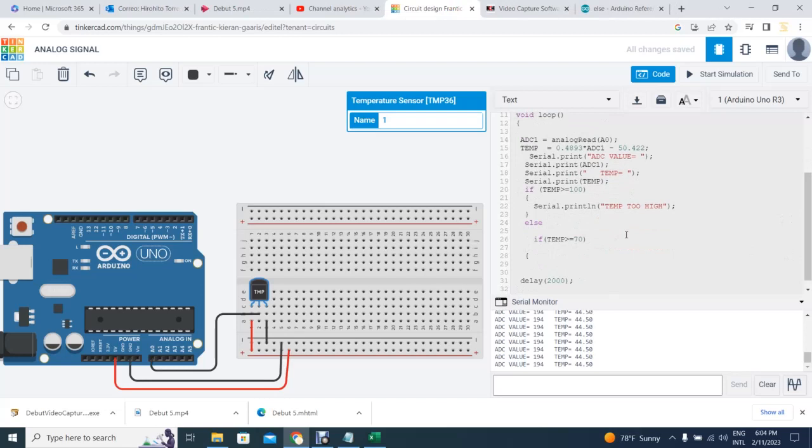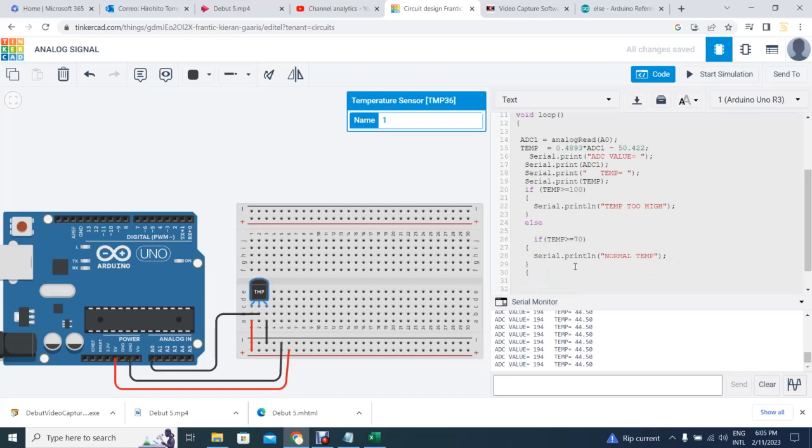So we're going to open a bracket, and within this bracket, if the temperature is above 70 but below 100, then the temperature is normal. Normal temp, and so we close that with a bracket.